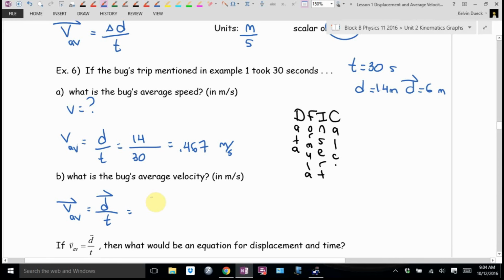The displacement was 6. The time was 30. 6 divided by 30, I think it's 0.2, double check. One sig fig. Meters per second. Direction. What direction was the displacement?